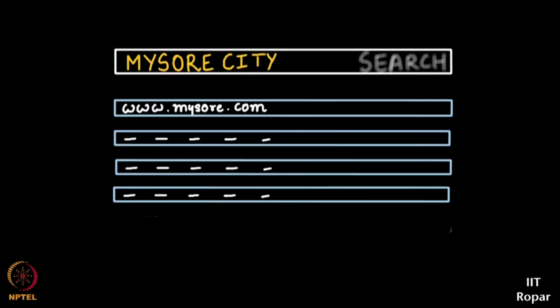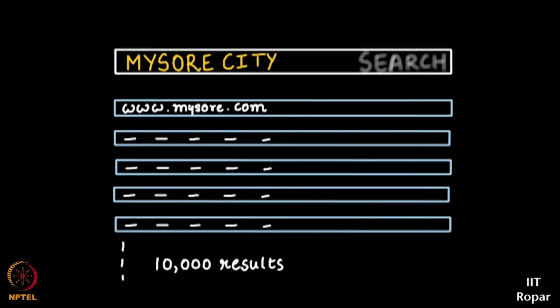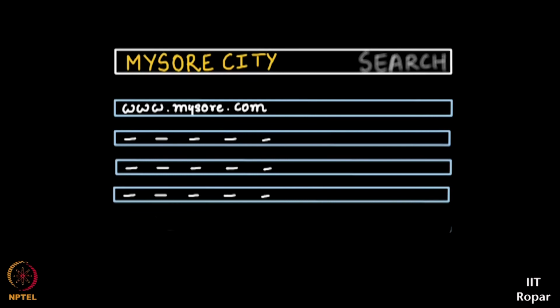You may want to get that straight. Let me repeat. When you type Mysore, there are 10,000 sites which have Mysore in it. But then Google will fetch the top few sites to you. How does it know what the top few sites are? Top few sites based on the points accumulated because of the random walk.